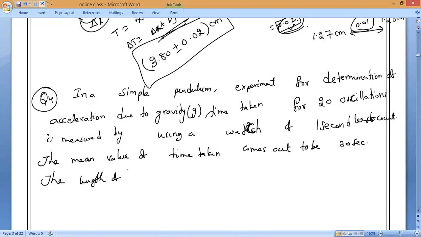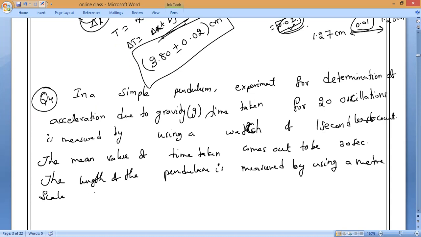The length of the pendulum is measured by using a meter scale of least count 1 mm.